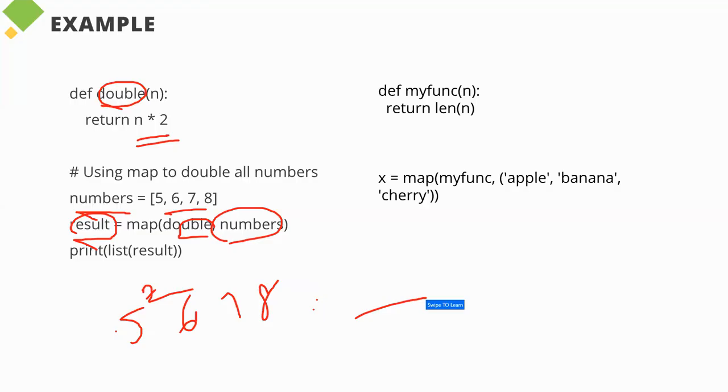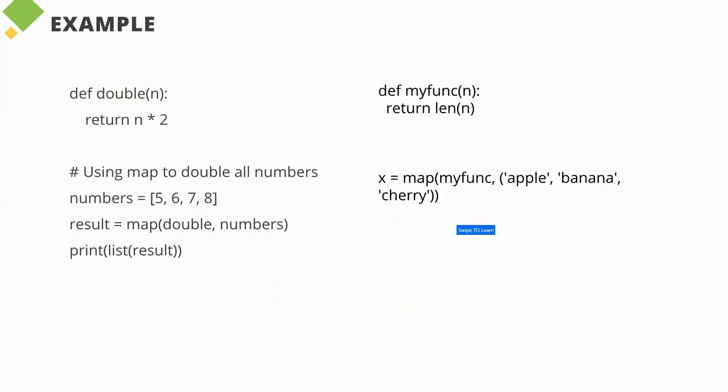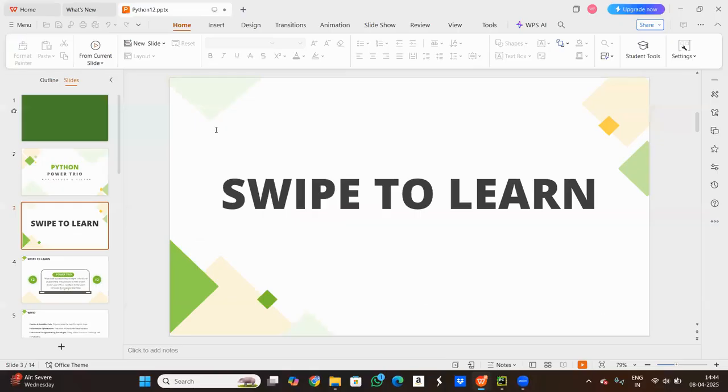If you go with this here, this is an iterable, right? If we map this function, it returns the length of apple, length of banana, length of cherry. If you want to see it in code, we'll simply see it in our PyCharm. Let me copy this.